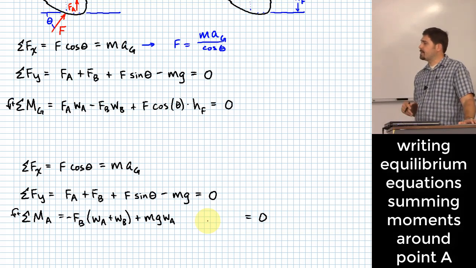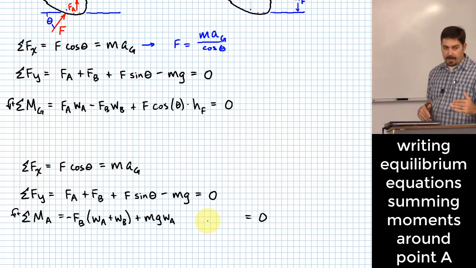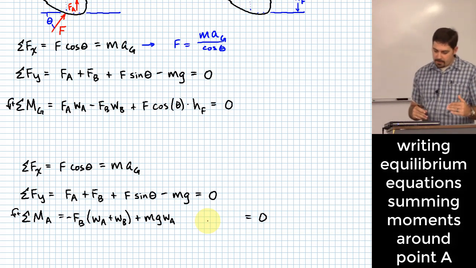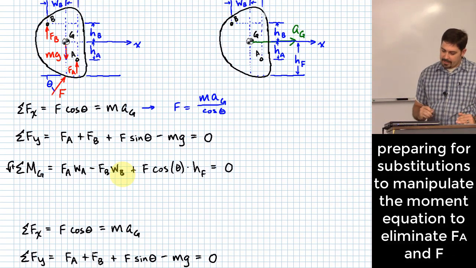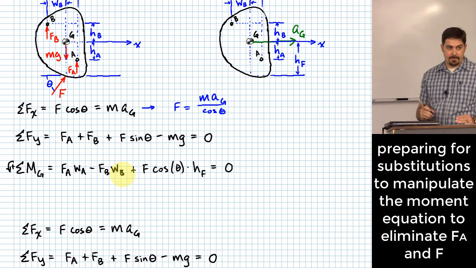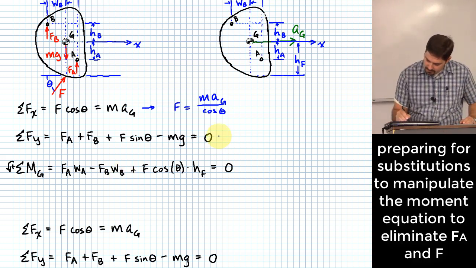But one of the things I'll say is that FA has been eliminated from that moment equation, right? So what I'm going to try to do is rearrange my original equation up here so that I eliminate FA. Okay? So what if I try to solve this for FA?